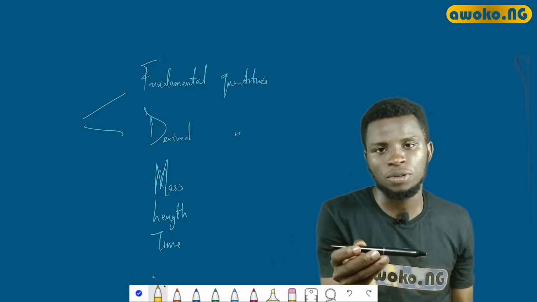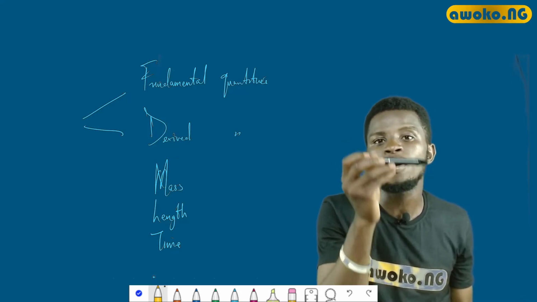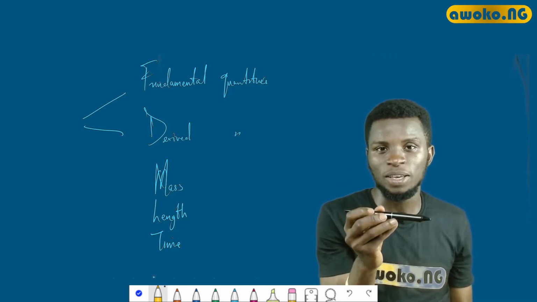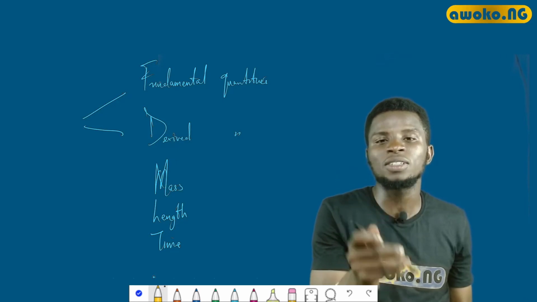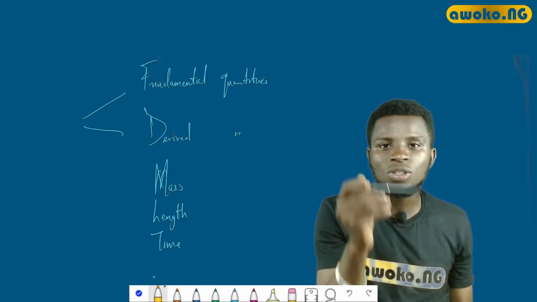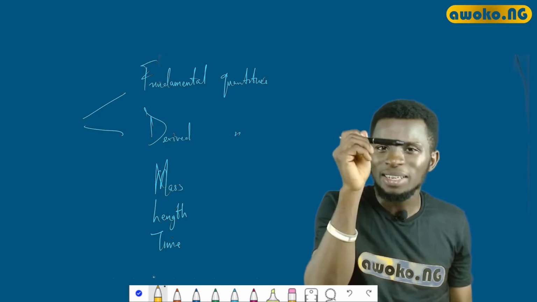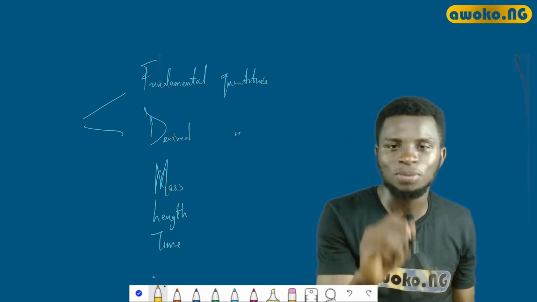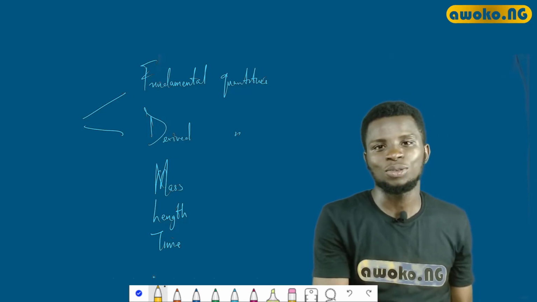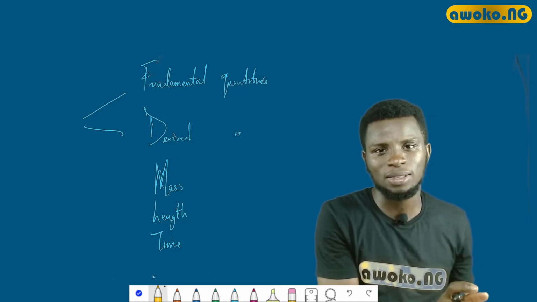The measuring instrument depends on the particular substance. Like in your kitchen, you can use a scale. So that is what mass is.